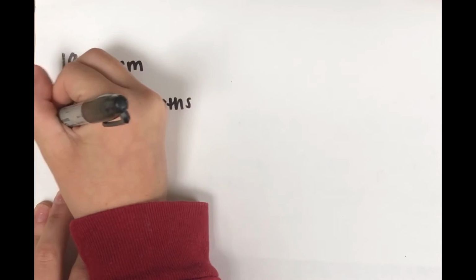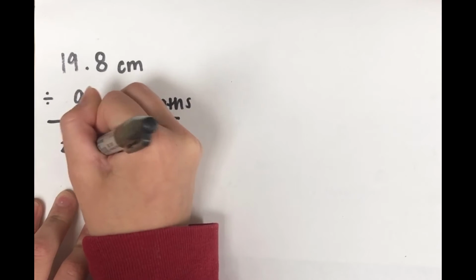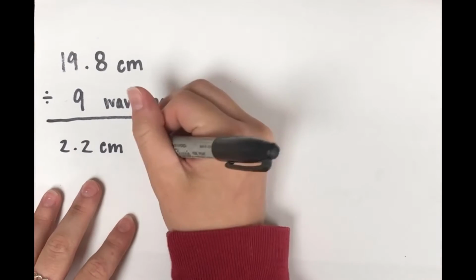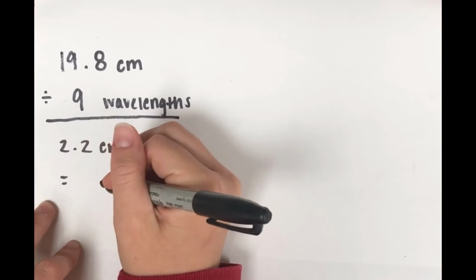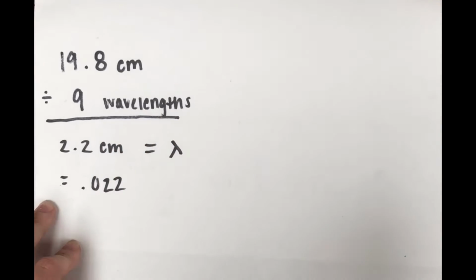So, we divide 19.8 centimeters by 9 wavelengths, and we have 2.2 centimeters per each wavelength. This is equal to 0.022 meters because there are 100 centimeters per meter, and this is our wavelength.